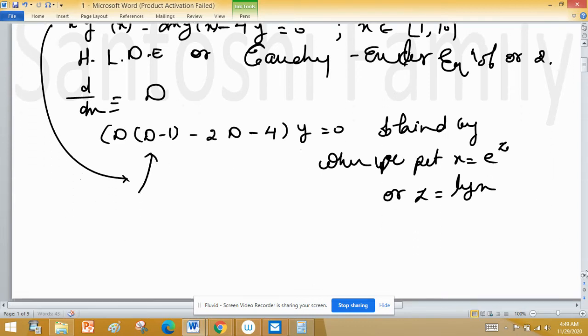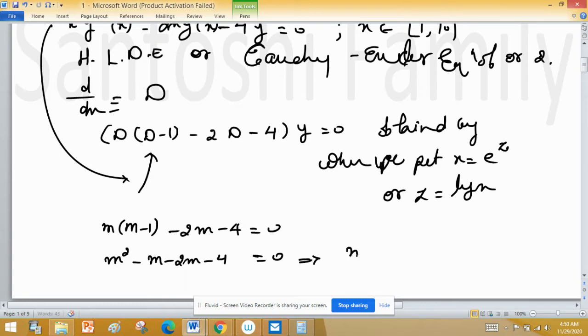Then its auxiliary equation in terms of m will be m(m − 1) − 2m − 4 = 0, or you can write m² − m − 2m − 4 = 0. This implies m² − 3m − 4 = 0.